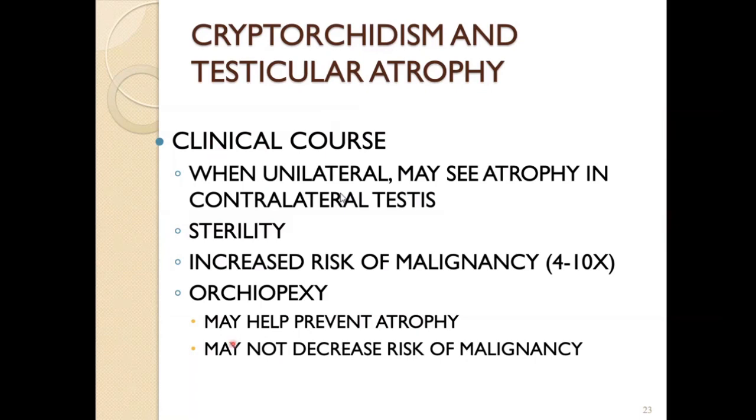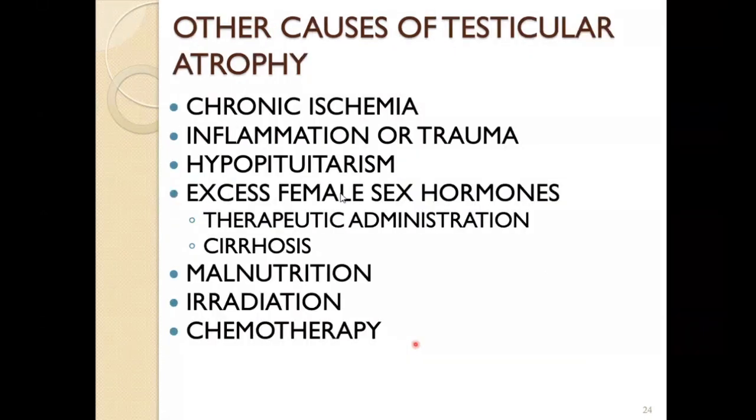So orchidopexy or orchiopexy may help to prevent atrophy especially if done on time, but may not decrease the risk of malignancy. So the other causes of testicular atrophy are chronic ischemia, inflammation or trauma.